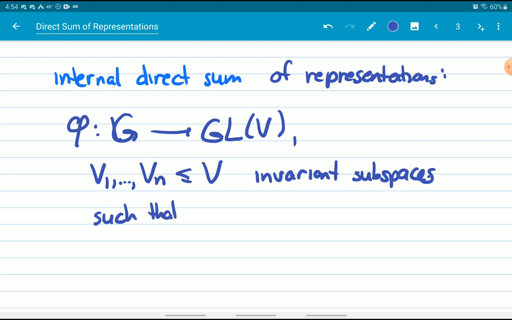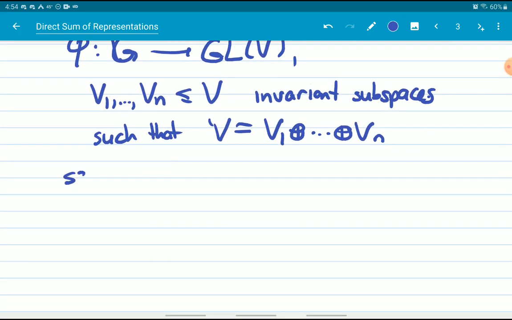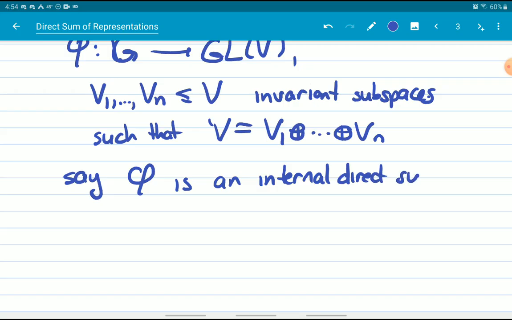such that V as a vector space is a direct sum of those subspaces, then I'll say that phi is an internal direct sum as a representation of the subrepresentations phi restricted to each of the V_k's.